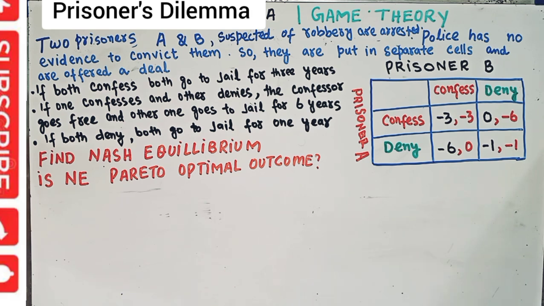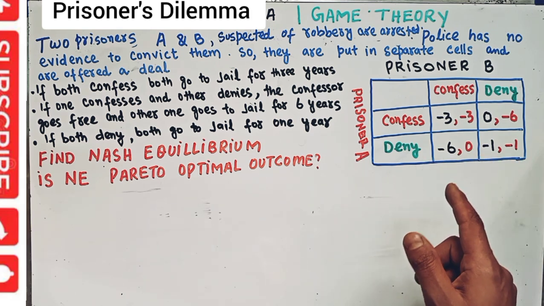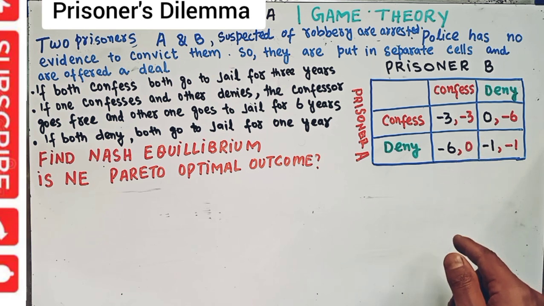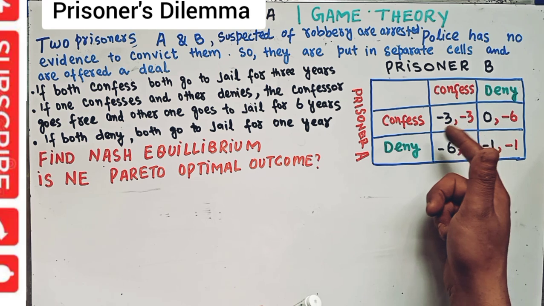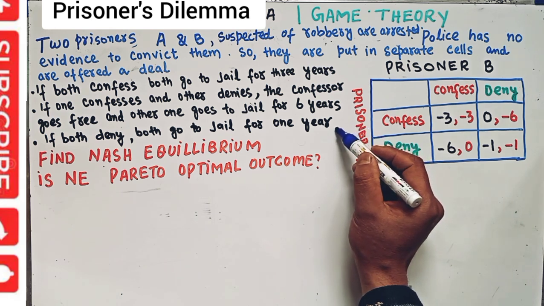We can show it on this matrix. Nash equilibrium will occur when both the numbers in a cell are circled or underlined, and I will explain it here.